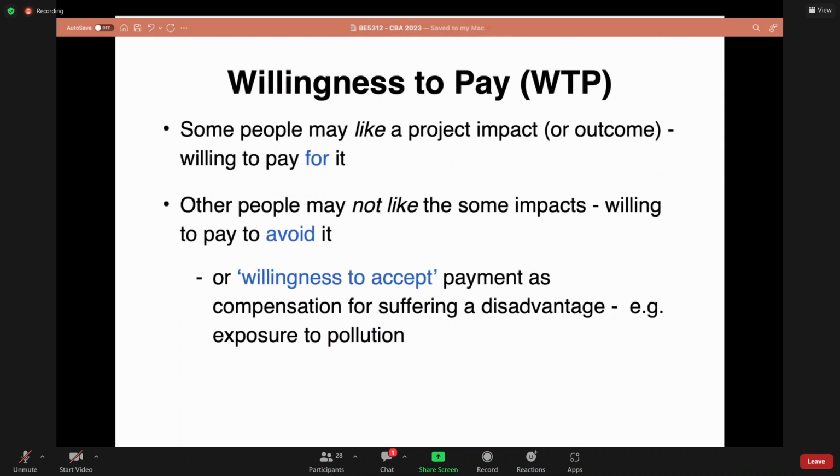Basically, what that means is you can do a survey and see how much people would be willing to pay to enjoy a particular project impact. Or if it's a negative impact, how much people would be willing to pay to avoid it, or willing to accept as compensation for suffering that particular disadvantage.